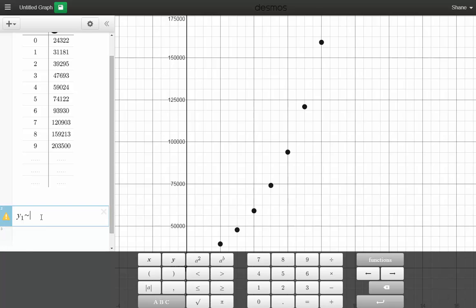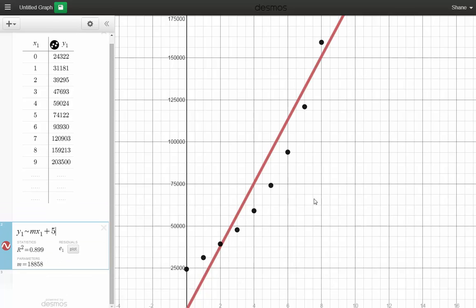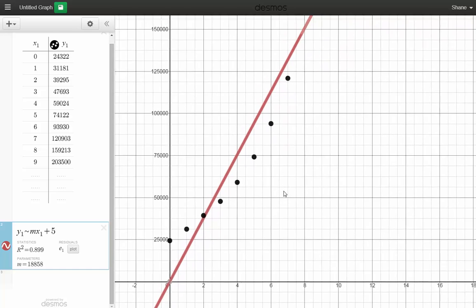Okay, so y1, don't use the equal sign, use this little tilde to tell Desmos that you want to do a regression. m for slope, x1 plus b. And what it does is it finds the line that goes as best as possible through this data.